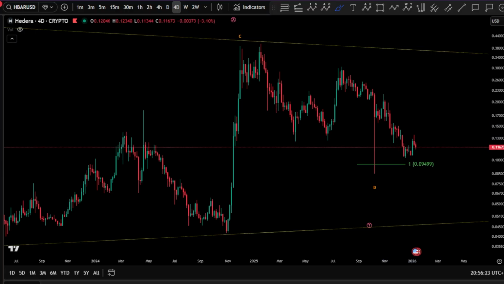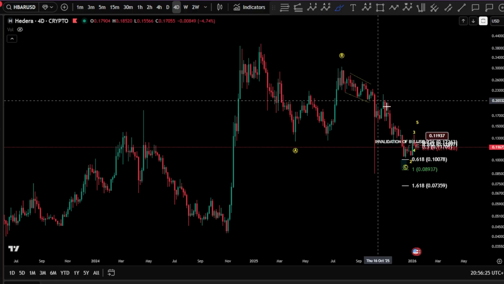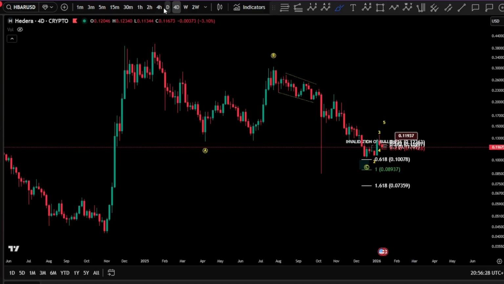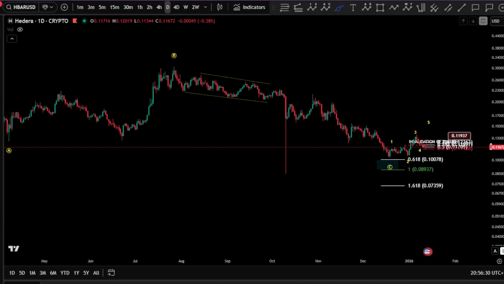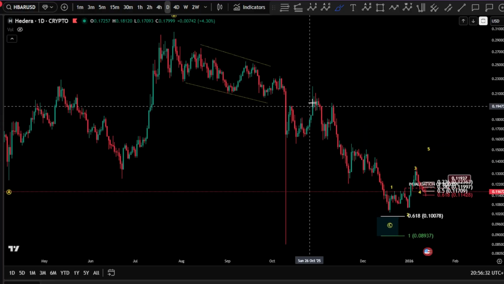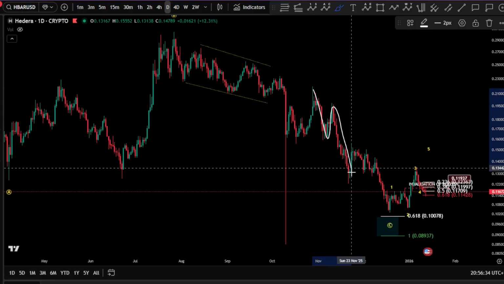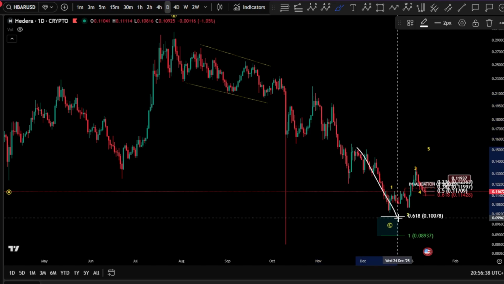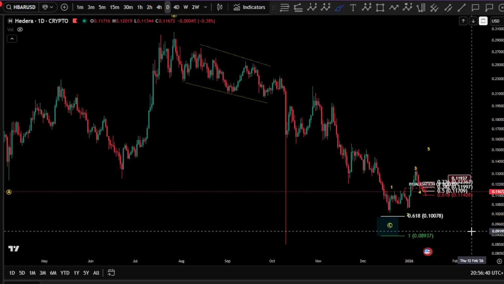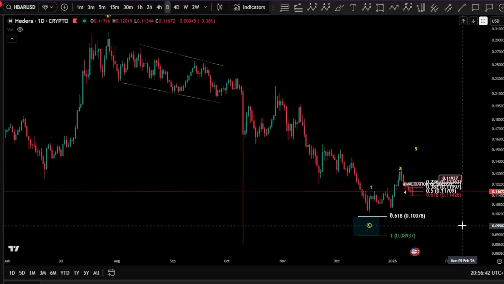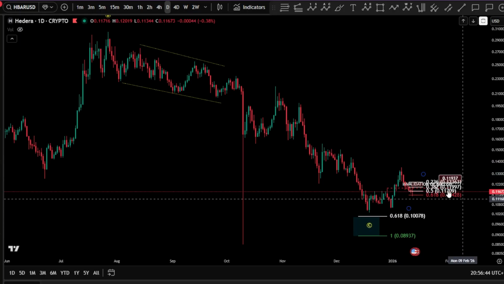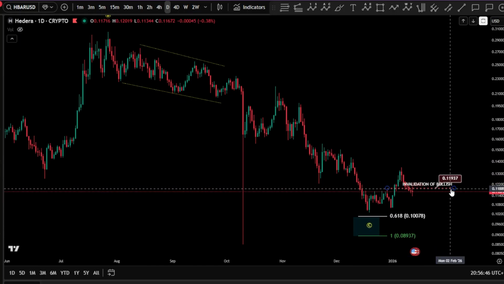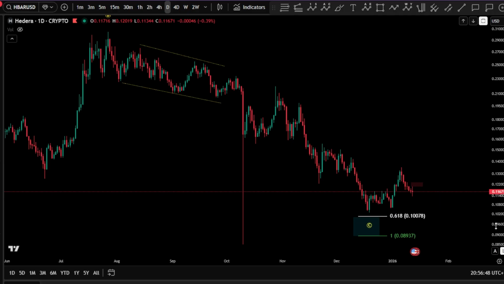So if this is going to be a structure to be finished somehow on the daily, it can be a starting impulse from there as a 1, 2, 3, 4, and a 5. Now, the wave 5 can be unfinished, still unfolding something toward the downside. And definitely we don't have 1, 2, 3, 4, 5 because this invalidation was already taken.